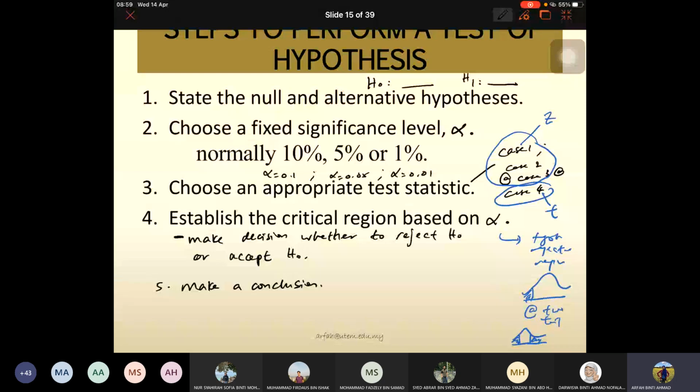So ini adalah berkaitan dengan hypothesis testing. So kita tengok example.